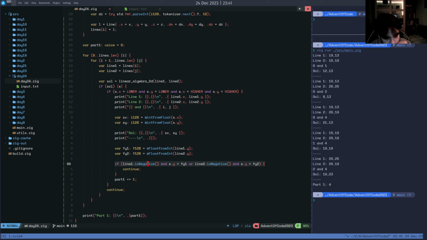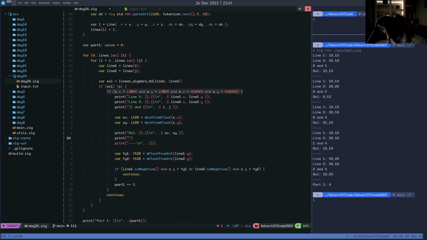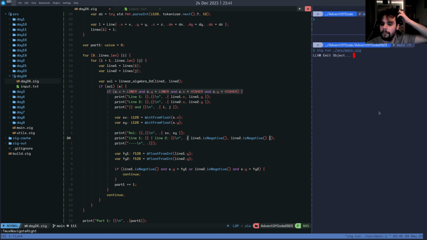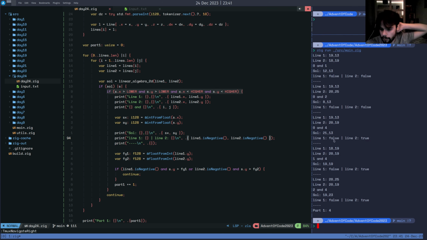So if line 1 is negative, I'm going to print some stuff. Print line 1, line 2, just to make sure that I've implemented those ones correctly, because there's a chance I might not have. The 0 and 4 is 0 and 4.